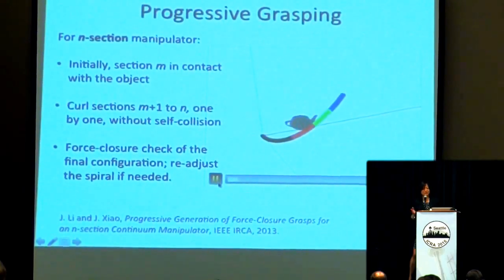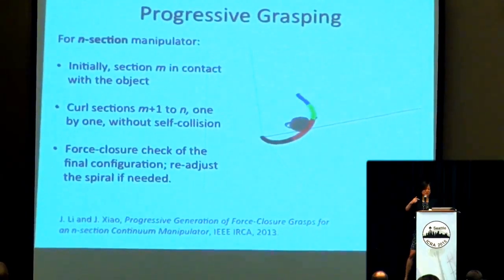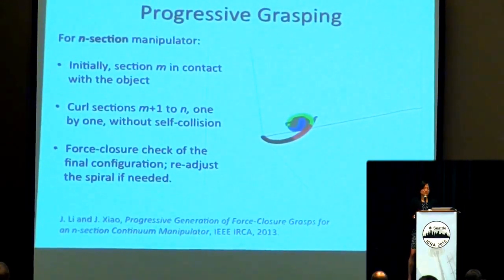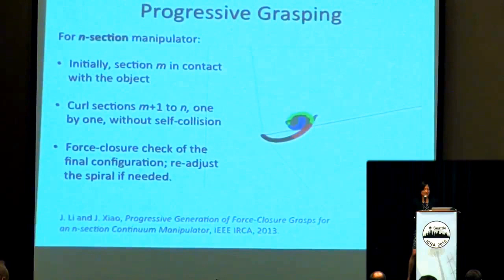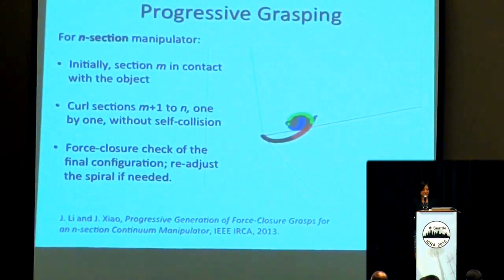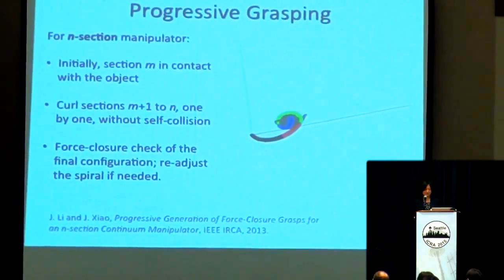Initially we compute the arm to be in contact with this object, and then we curl each section from that point on towards the tip of the arm one by one, to produce a spiral type of grasping, avoiding self-collision. And we do a force closure check to make sure that the final configuration is stable. Otherwise, we readjust the parameters for the spiral.